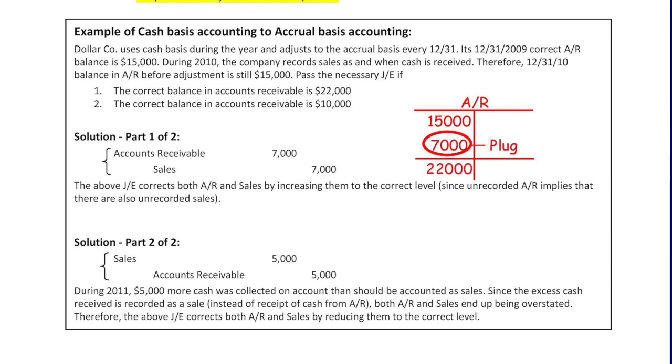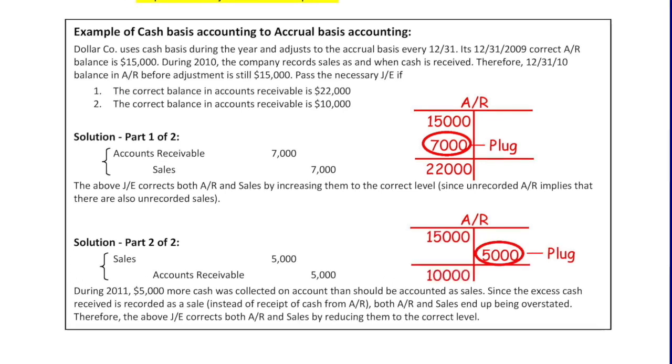For solution part 2, you have the current balance is $15,000 but the correct balance is $10,000. So draw the T account again, write 15,000 current balance, put a credit plug for $5,000 and the correct balance, that is $10,000.